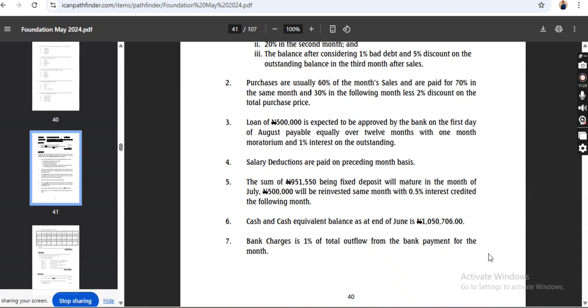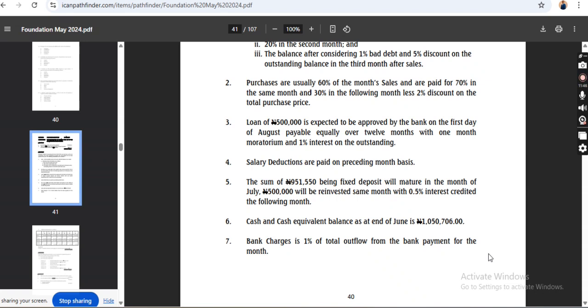Bank charges, right? The next is bank charges. So what will happen to the bank charges? Bank charges is 1% of total outflow from the bank payment for the month.